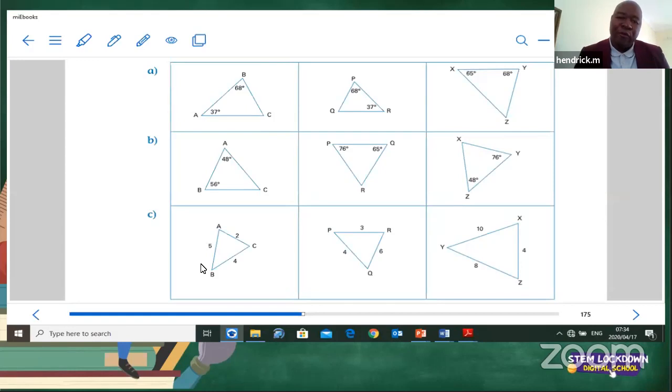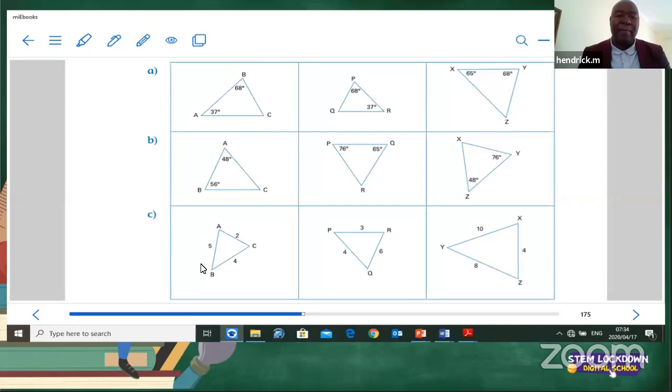To prove that two triangles are similar, you have to have pairs of equal angles. How do you prove this? You need to find the missing angle. For example, find C, find Q, and find Z. In the first triangle you find C, in the second triangle you find the value of Q, and in the third triangle you find the value of Z. What are you going to use?